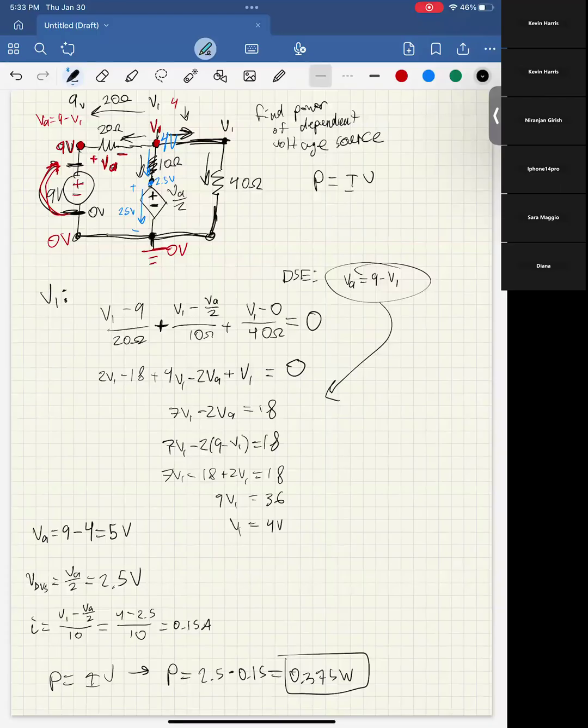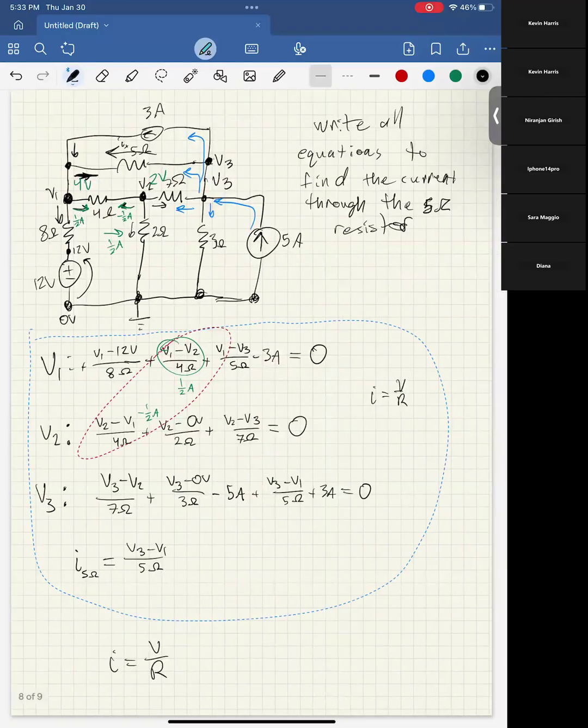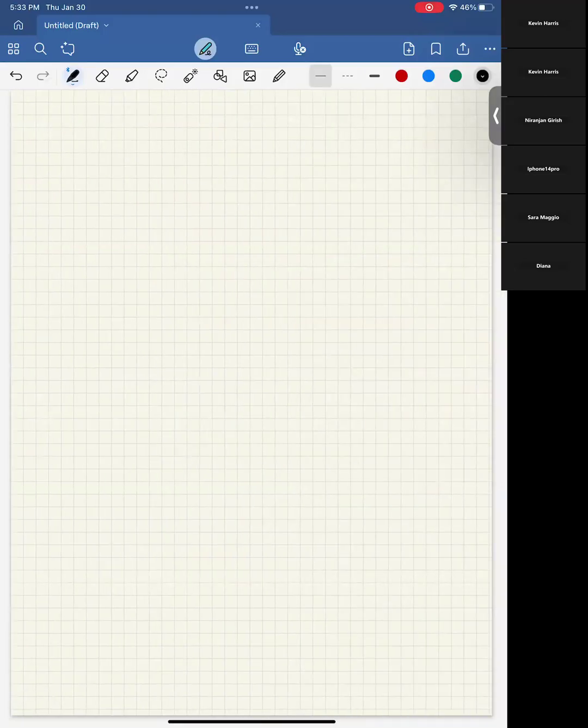I'll go a bit over time, it's fine. I'll do this one, and I'm just going to go through it fast. This one has one dependent source equation, but it also has some other stuff. This one has dependent current sources this time.